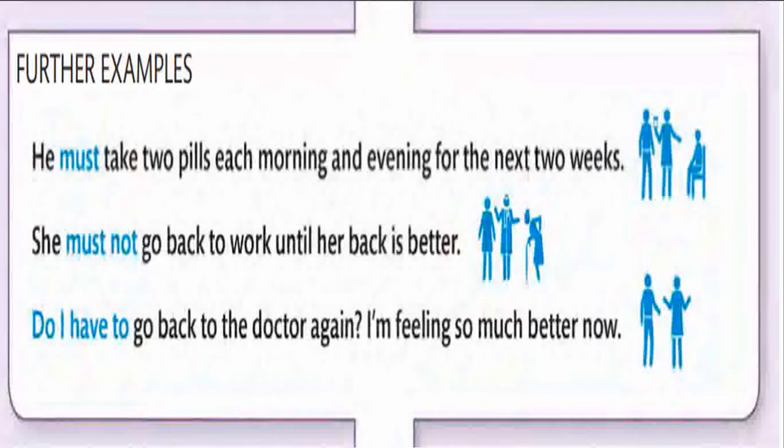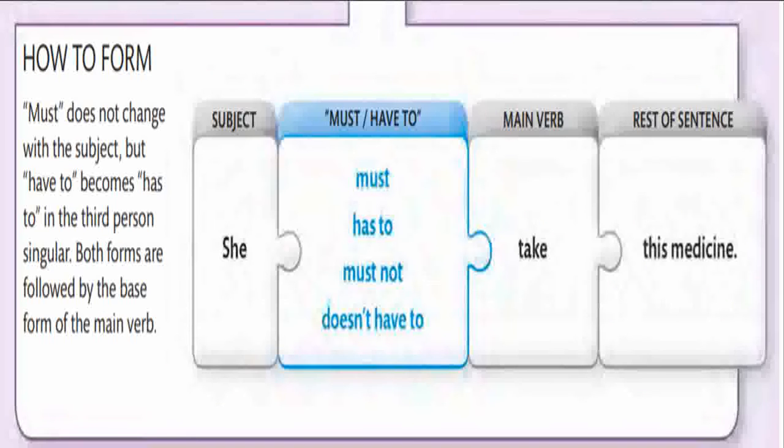Let us proceed. Now let us see how to form this structure. Must does not change with the subject, so the word must remains as such. But have to becomes has to in the third person singular. Have to is used with you and I: you have to, I have to.